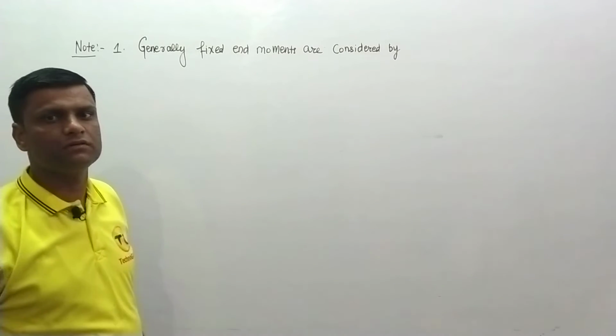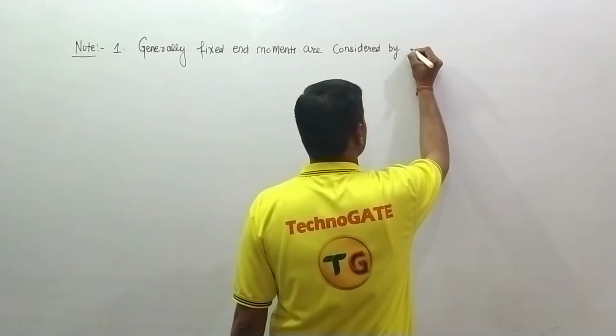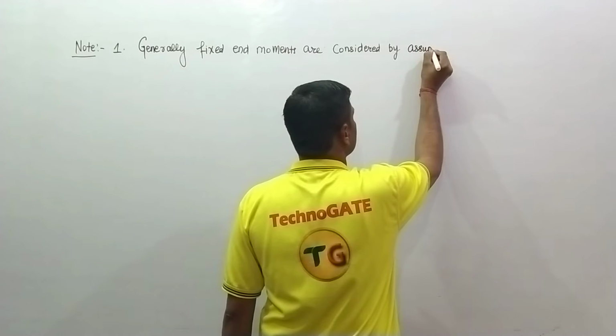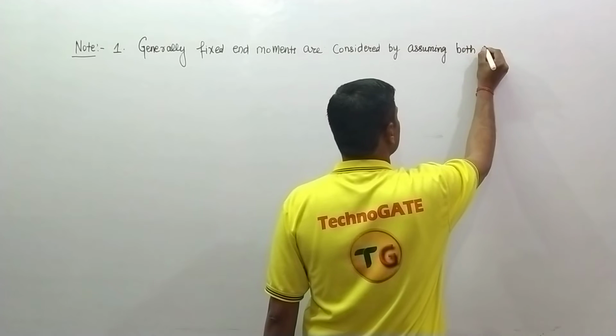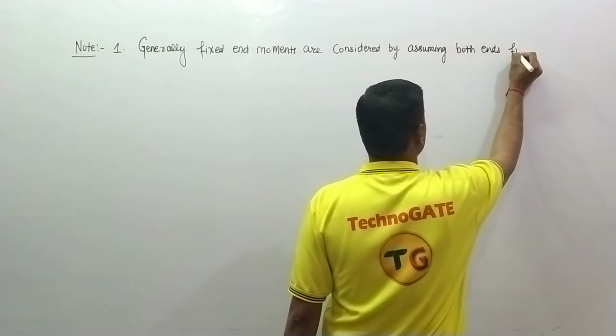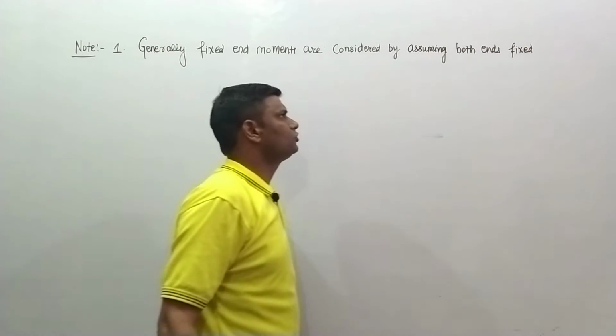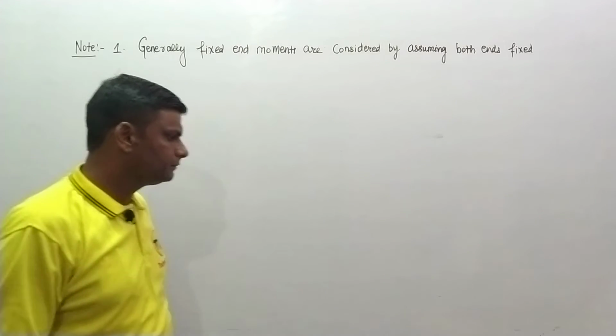This is the first assumption. In the first step, the assumption was there by assuming both ends fixed or locked.